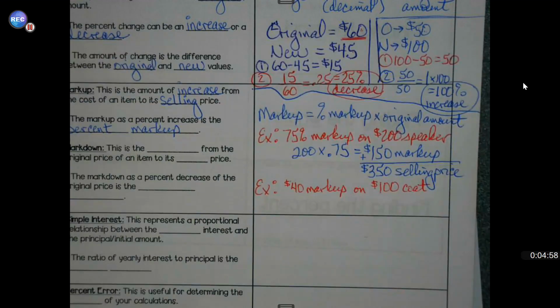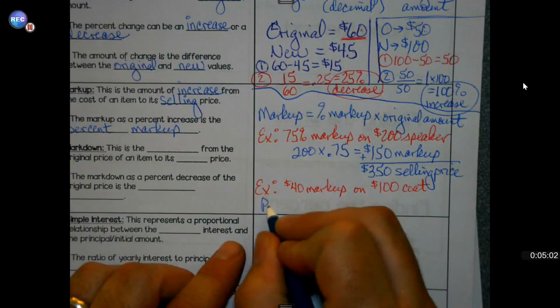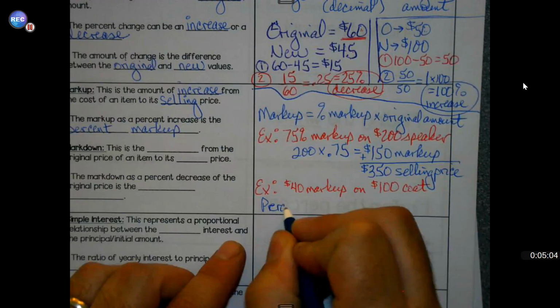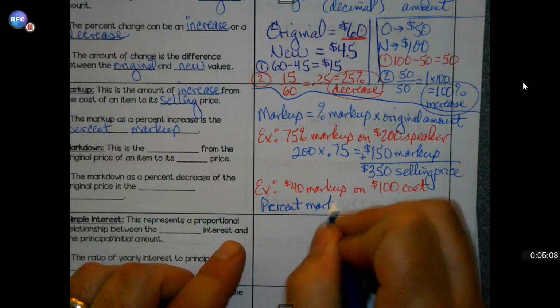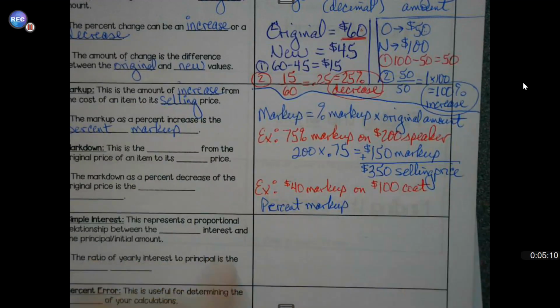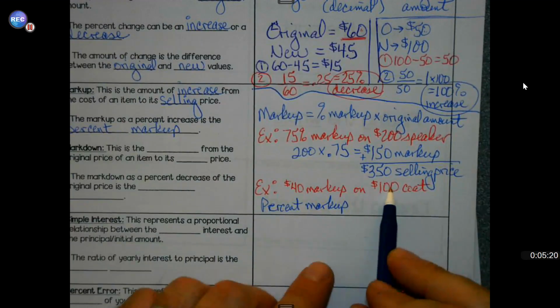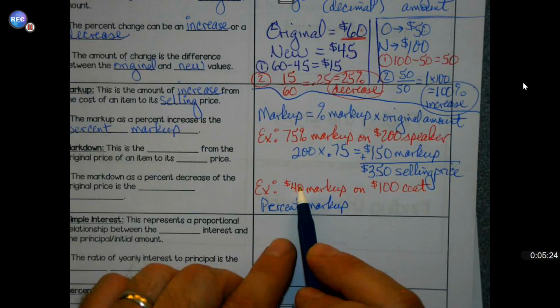And I wanted you to tell me what the percent markup was. So I'd look and I'd say, well, let's see. The coat cost me 100. The markup is 40.